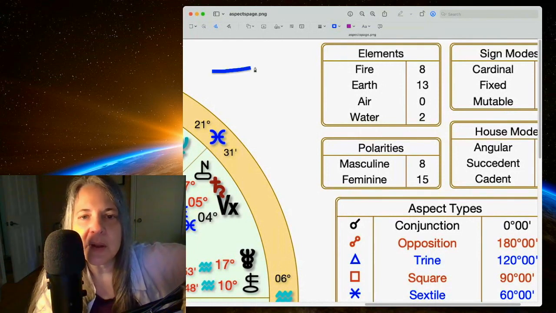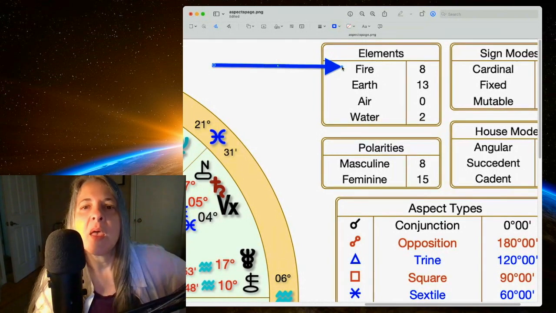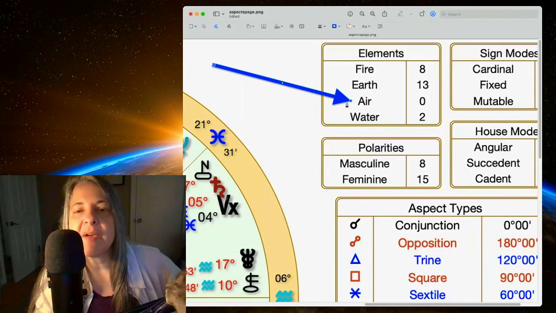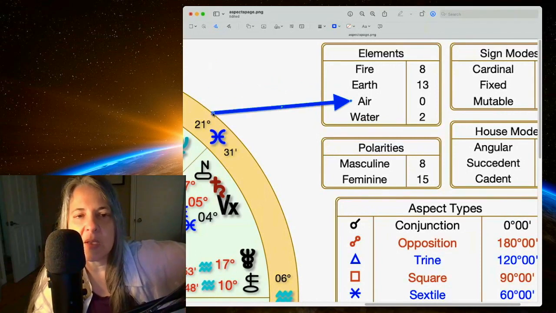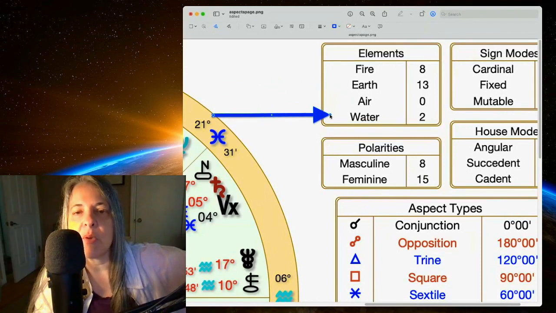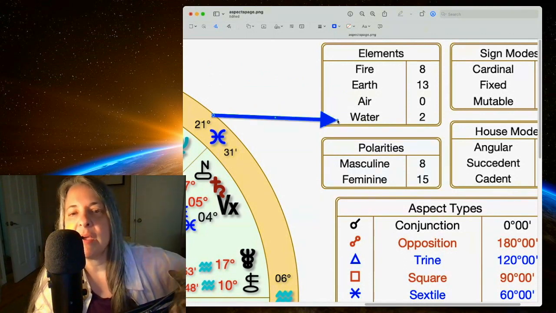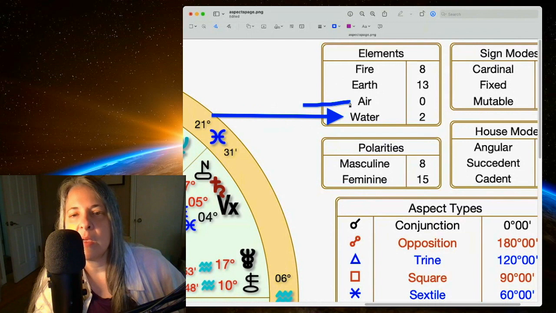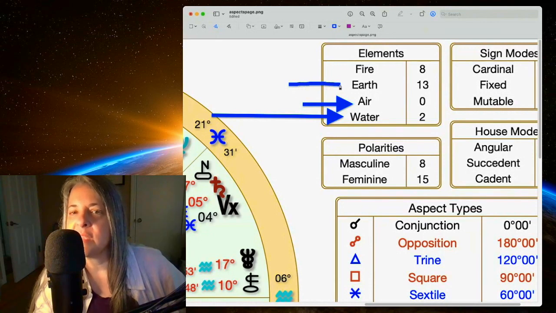I'm here too. Elements. You see that? The sign of Libra is air. When you want to find trines, a quick way to recognize them is to look at the elements. The elements are water, air, earth, and fire. We know Libra is air. You know what else is air?